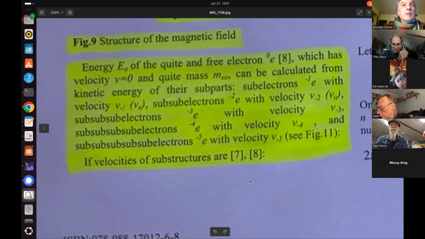Subelectrons with a specific velocity, all the way up to something that's got 5 subs in it, velocity v1, v2, v3, v4, v5. Somebody needs an exponent.